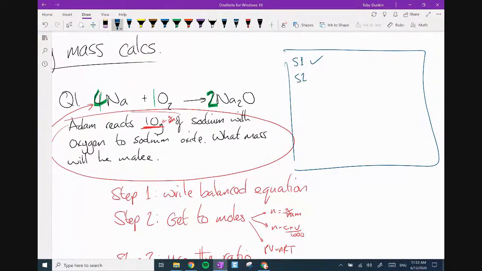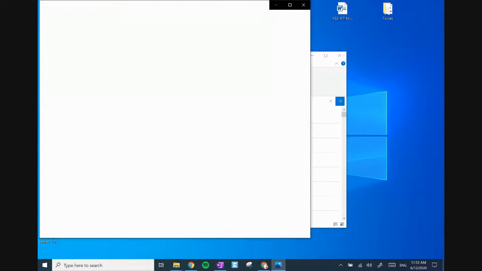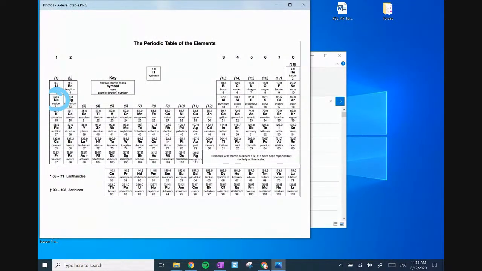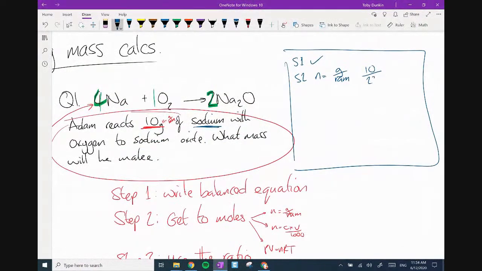S2, number of moles is grams over Mr. I always write down that equation in case it's worth a mark. 10 over, now we are, of course, at A level. So the sodium now gains an extra level. We now need to just check on the A-level table what sodium's is. Let's find sodium, 23.0. There it is, 23.0 for sodium. So we go over 23.0.